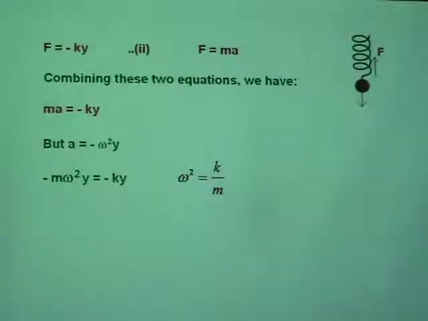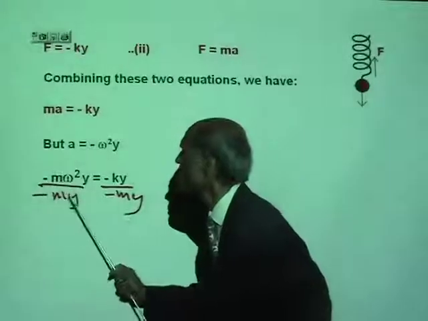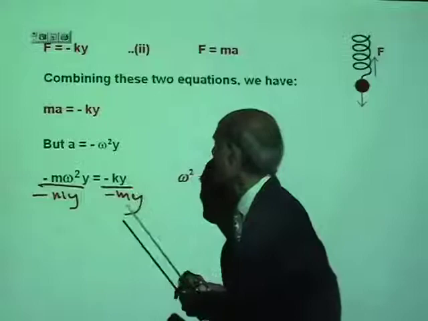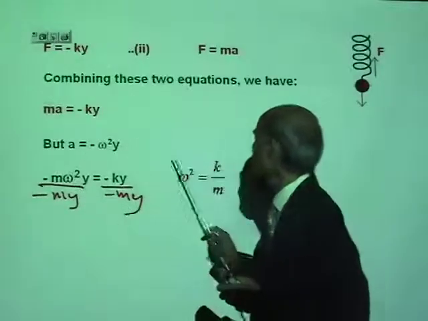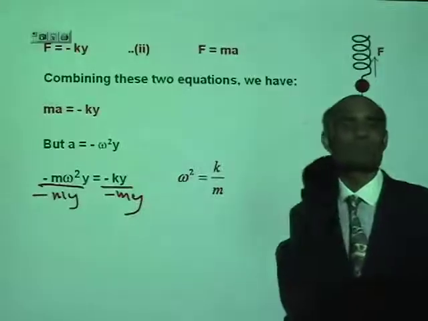I hope you have followed this. Divide by negative my, divide by negative my, and negative m will go, y and y will go, y and y on the right will go. We get omega squared equal to k over m.